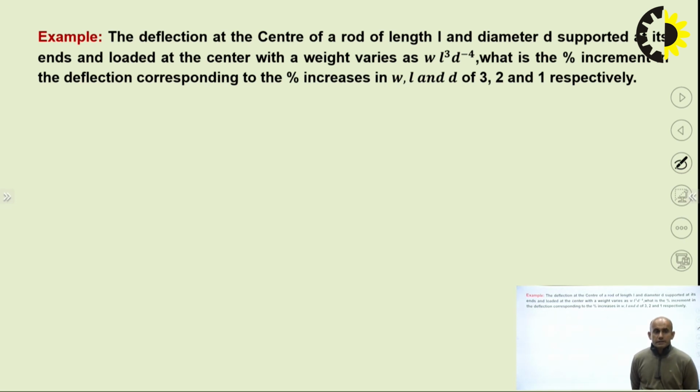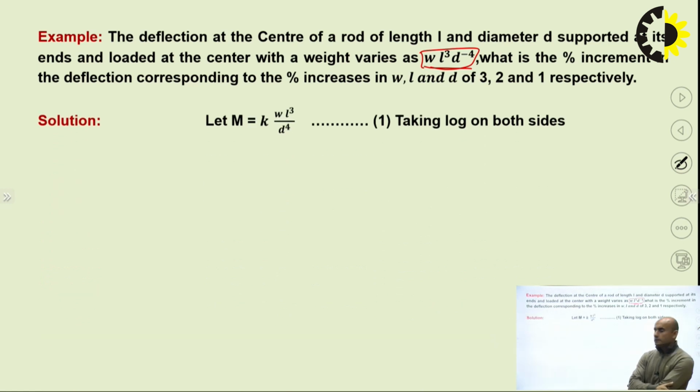then what we have to do, since this is given to us that the weight varies as this one, since we have weight as directly proportional to this term, then what we have here, let m equals to this one, it means the weight m is directly proportional to W L cube and D raised to minus 4.